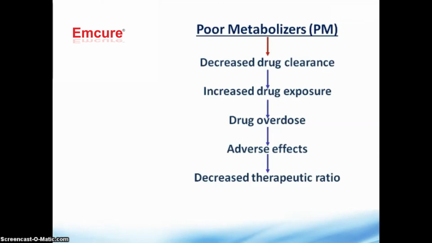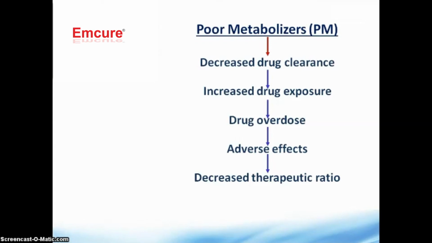So with time this drug will start accumulating and there will be an overdose. When there is an overdose, it is going to cause adverse effects or side effects. The more the adverse effects, the lower the therapeutic ratio. So it is dangerous to give drugs which have a tendency to accumulate in the body.